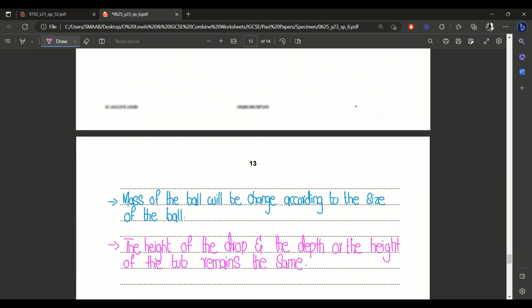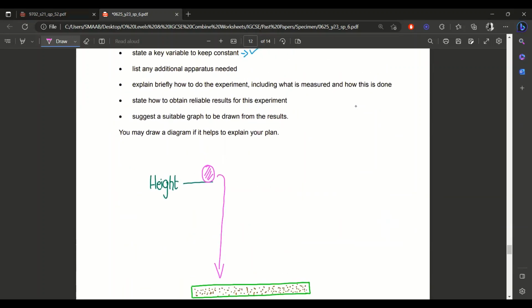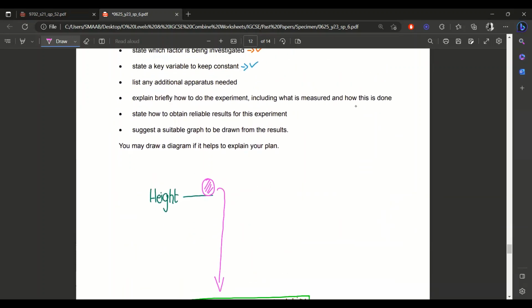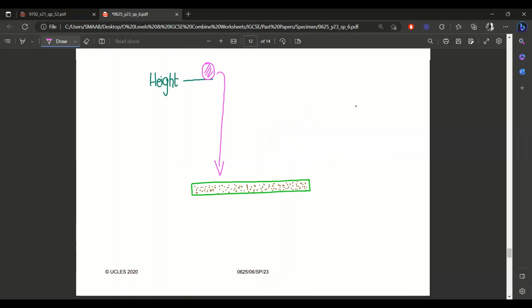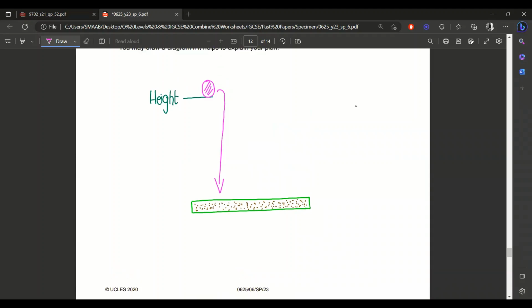And next we have to list any additional apparatus. So what additional apparatus do we need here to measure any other thing? Because we mentioned height over here, to measure the height we use additional apparatus, which is a ruler.